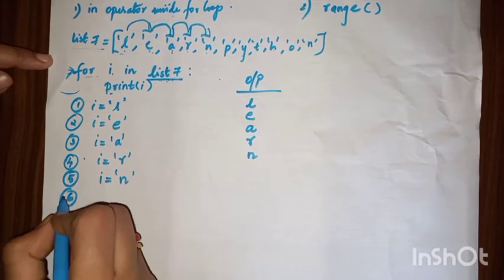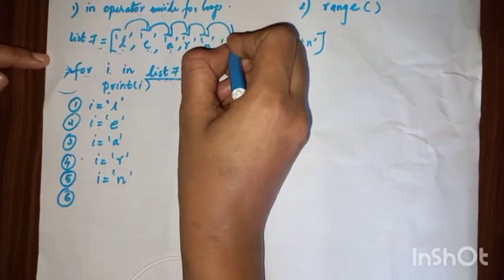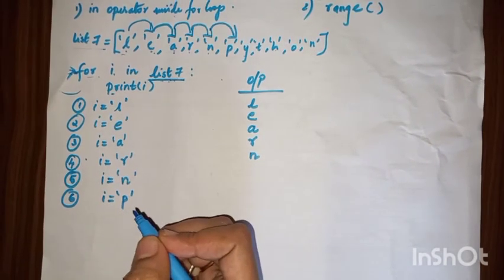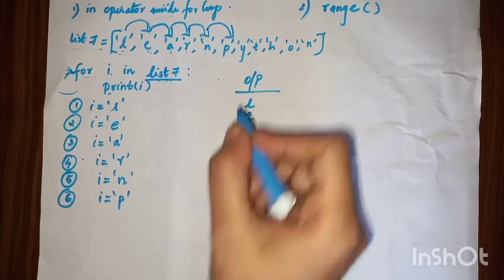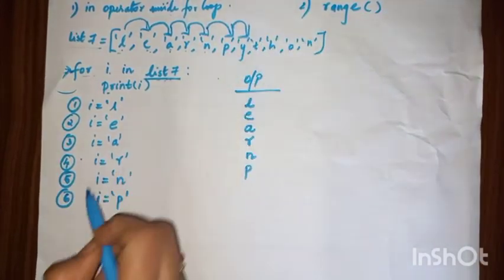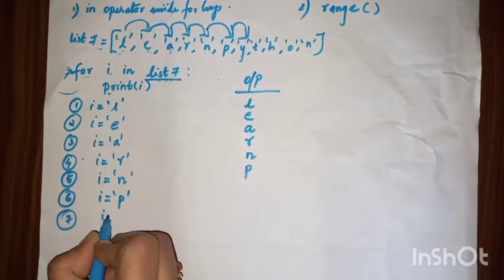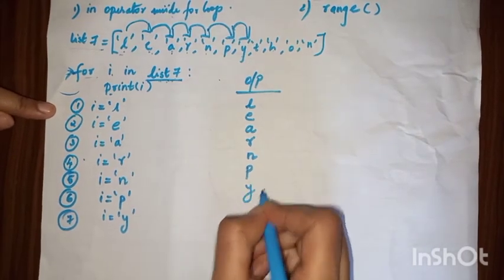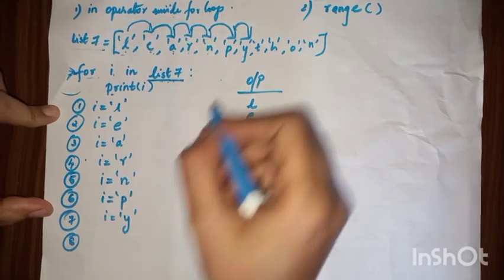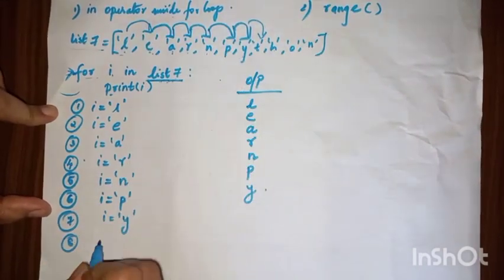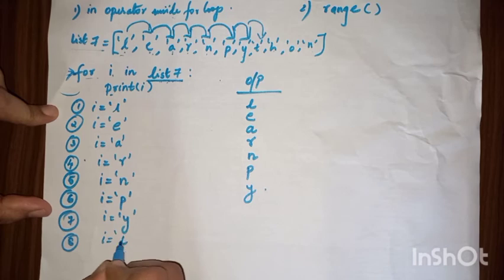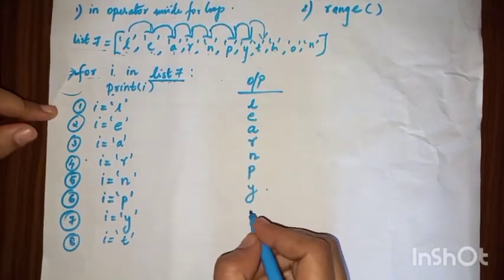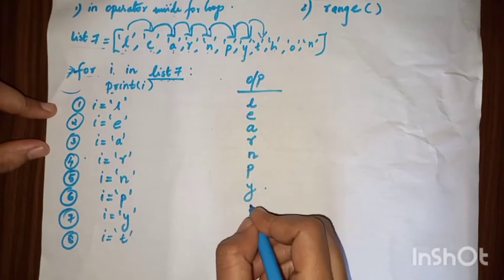In the sixth iteration, I will be the next element, that is P, and print I will print P. Again I will become Y. In the seventh iteration, I is equal to Y, and print I will print Y. Then in the eighth iteration, I is equal to T, and print I will print T.